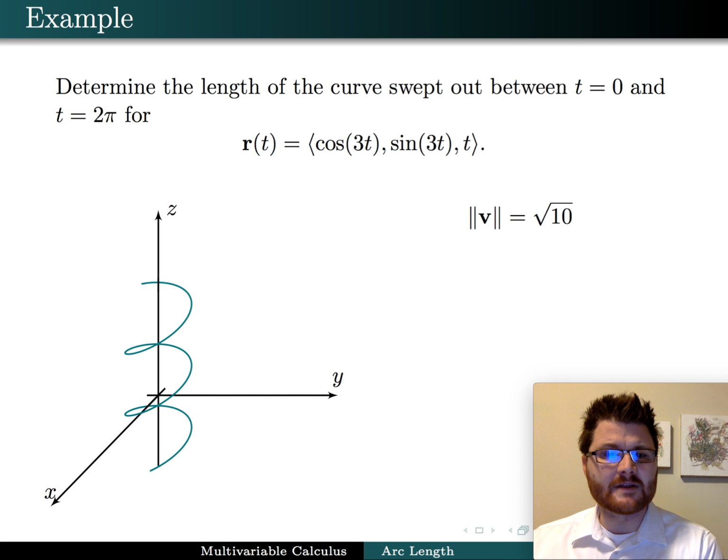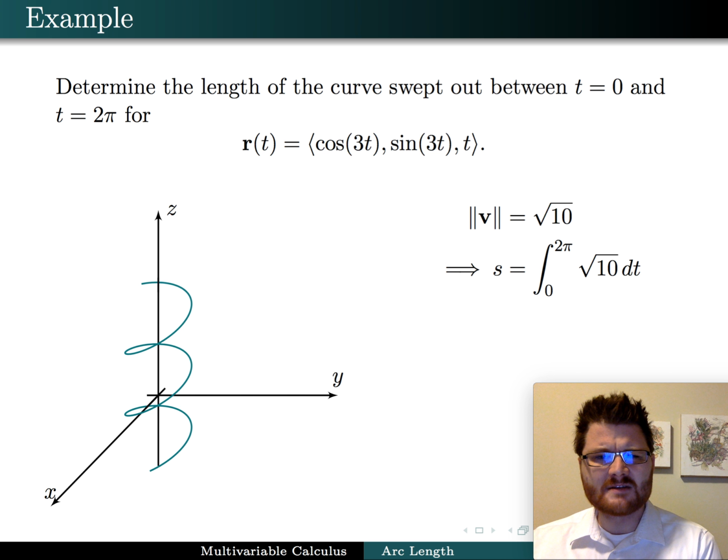A little bit of calculation shows us that the magnitude of v, the magnitude of r prime, is just root 10. It's a constant in this case. And so to find the arc length between 0 and 2 pi for t, we just integrate, and we end up finding that the arc length specified is 2 pi root 10.